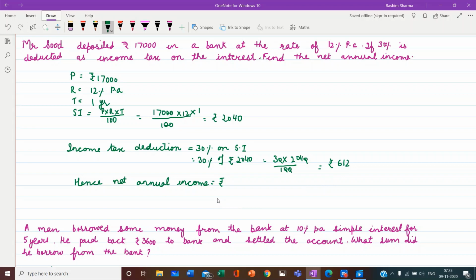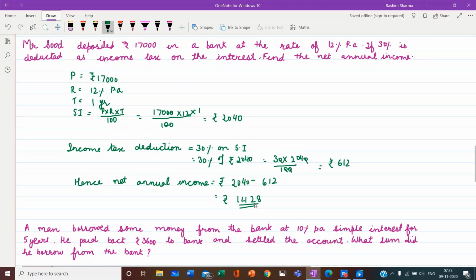Alright, it means find the net annual income. It means from this simple interest we can reduce this income tax, that will be the annual income. Okay, so it is 2040 minus 612, so we get rupees 1428. So this is the answer.